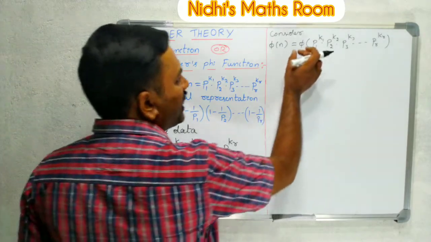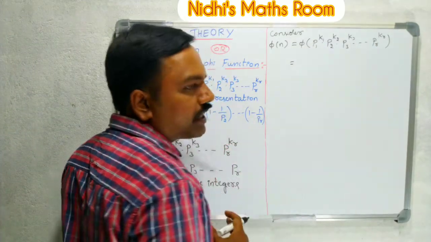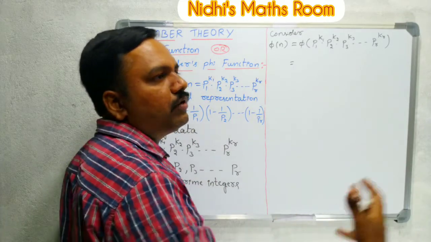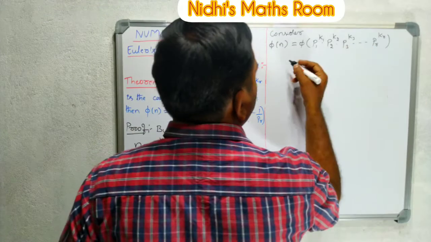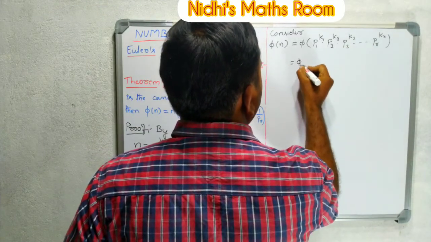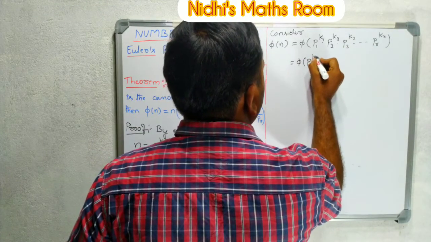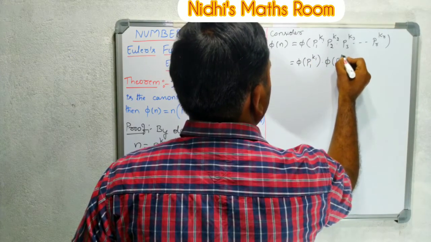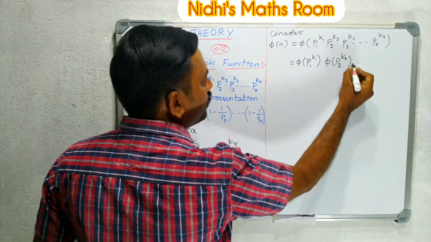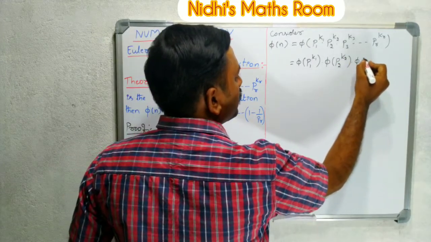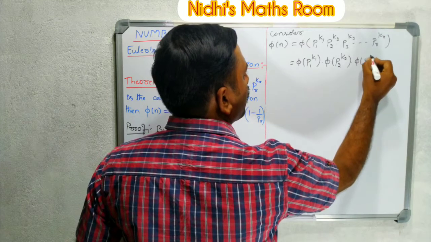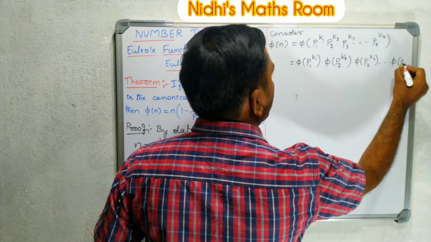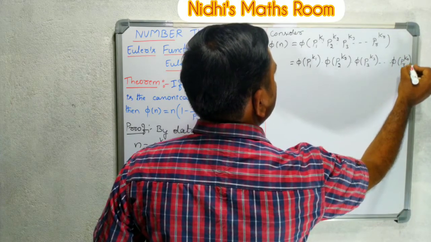So if phi is a multiplicative function, then phi of m into n can be written as phi of m into phi of n. So on the basis of that, this can be written as phi of p1 to the power of k1 into phi of p2 to the power of k2 into phi of p3 to the power of k3 so on phi of pr to the power of kr.